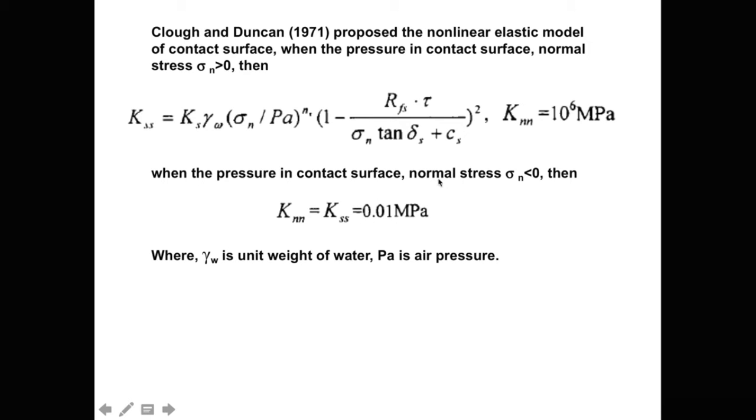In this condition, the stress is a tension stress, a negative value. Then the stiffness is very low. Here gamma W is the unit weight of water, and Pa is the air pressure in the equation.